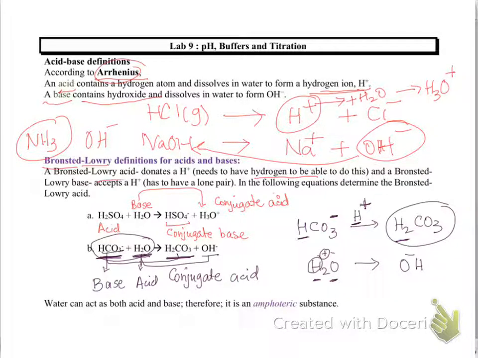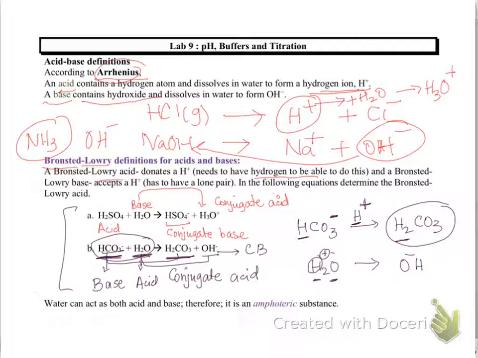So if water is an acid, it means it's donating the proton and forming OH negative, so it will be a conjugate base. So in these examples, if you see, we just cannot say, oh, these substances are definitely going to be acids and these ones definitely will be a base.